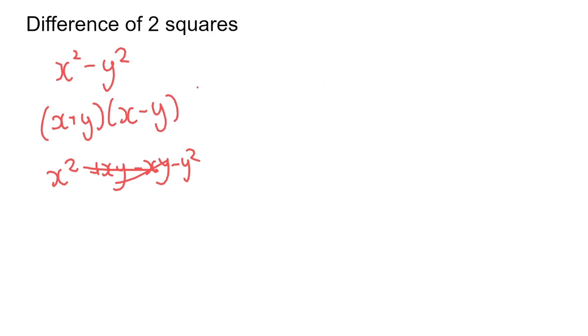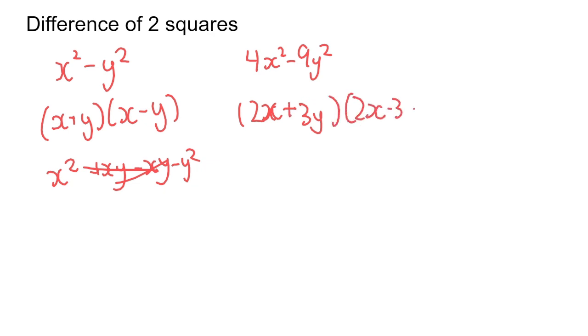And then these two cancel out, and you just get x squared minus y squared, which is what you started with. And you can also have numbers in front of the x's and y's to get something like 4x squared minus 9y squared. And then what you would do is that since 4 and 9 are square numbers, you can do that as (2x, because that 2x squared would give you 4x squared, and then minus 3y, because that's the square root of 9y squared) times (2x plus 3y).